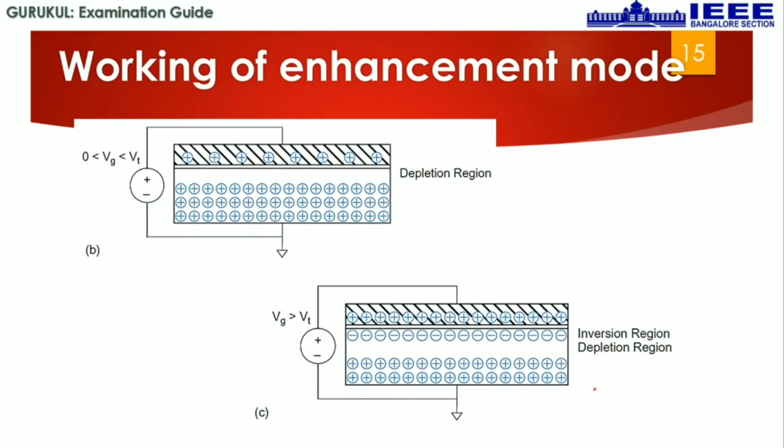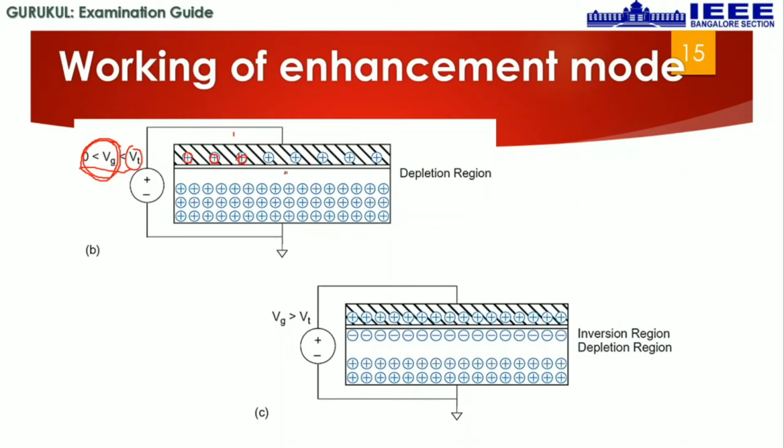The next step is depletion. Now I am increasing the value of Vg. Before it was negative, now I will make it slightly positive, and it is still less than Vt. What is Vt? Threshold voltage. Now the voltage Vg is slightly greater than 0 and less than Vt. It means that you are pulling out all the electrons here, so holes are created.